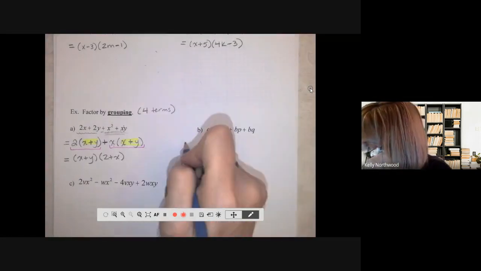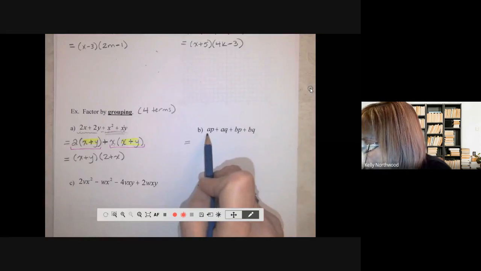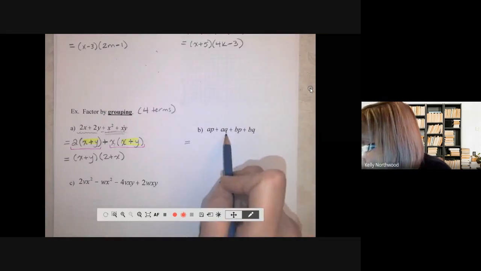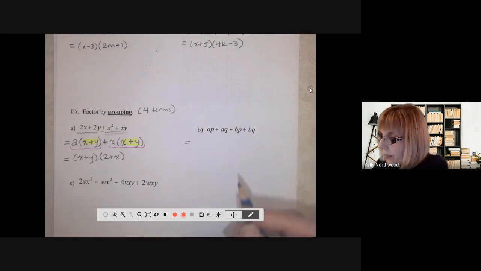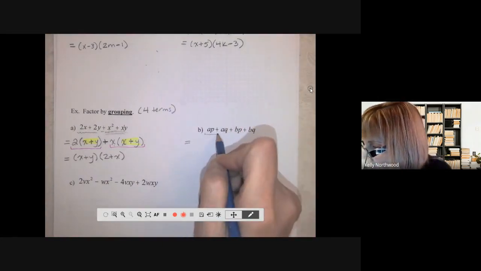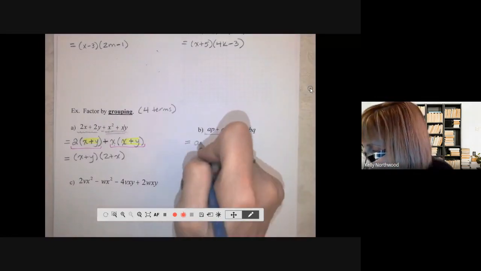All right, so we're going to move on to the next one. And again, there isn't an A in all four terms. There's not a P in all four, or a Q in all four, or a B in all four. So that's where you know it's a grouping. So you're going to look at first just what's in common with just the first two terms. And you see an A is in common with just the first two terms.